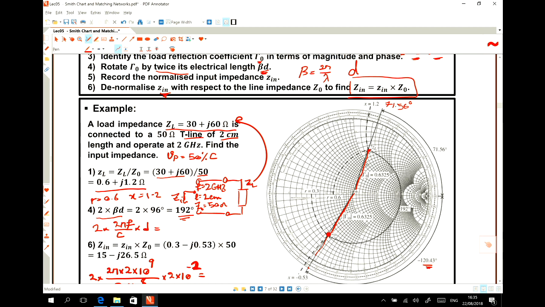Then instead of this f you can write c over lambda, and then you can find the value for this length of the transmission line, I mean the electrical length.